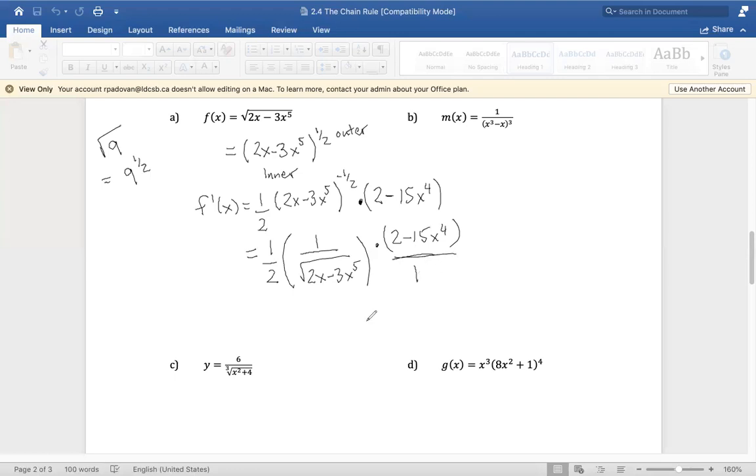And then if you were to clean that up, if you were to multiply all the tops together, all the numerators, I would just have 2 minus 15x to the power of 4. These are not like terms, right? I can't go any farther. Divided by 1 times 2 is just a 2 in front. And then the radical sign with 2x minus 3x to the power of 5. Now that would be as far as you can go.